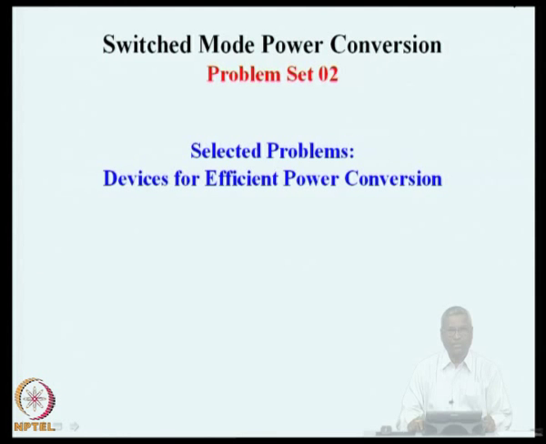We will continue in this session on the reactive devices or energy storage devices and see a few problems related to the energy storage devices, namely capacitors, inductors, and transformers.